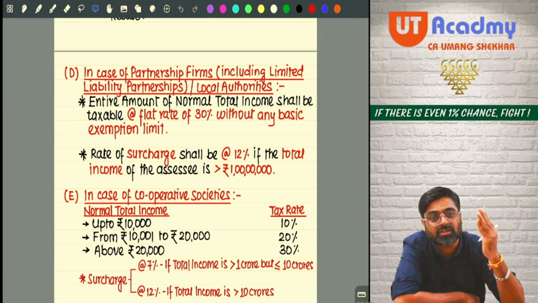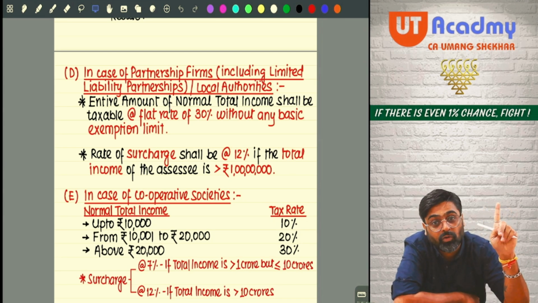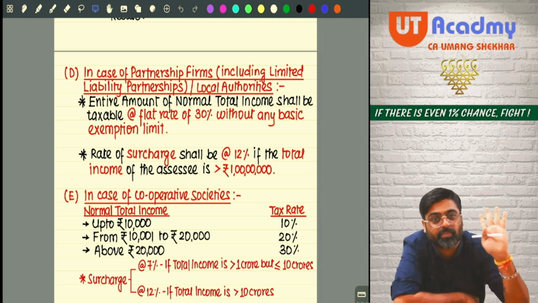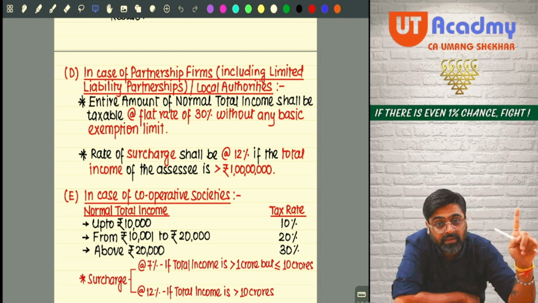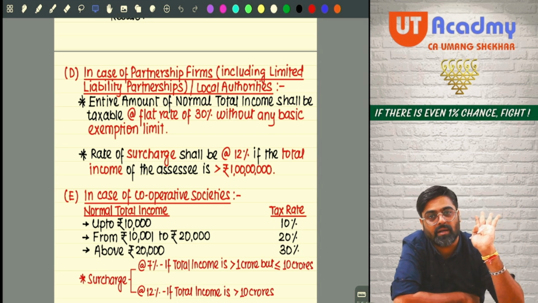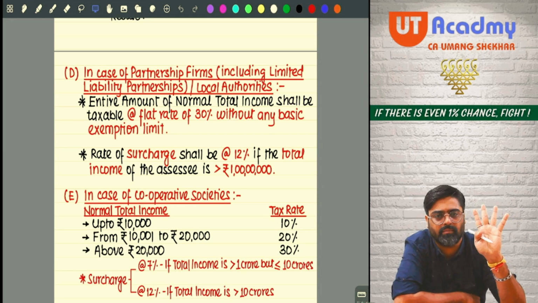So if the partnership firm is earning 10 rupees of normal total income, they will have to pay 3 rupees of tax. If they are earning 100 rupees, they will pay 30 rupees of tax. If they are earning 1000, they will have to pay 300. Whatever total income they are earning, entire normal total income, they will pay 30% tax.